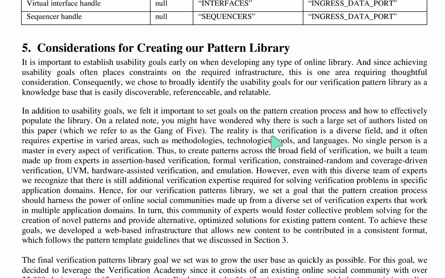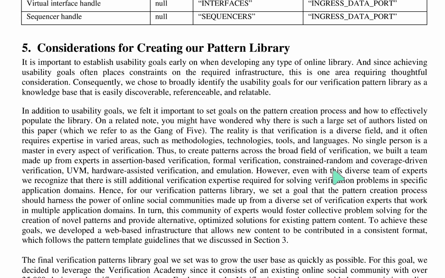No single person is a master in every aspect of verification. Thus, to create patterns across the broad field of verification, we built a team made up of experts in assertion-based verification, formal verification, constraint random and coverage-driven verification, UVM, hardware-assisted verification, and emulation.